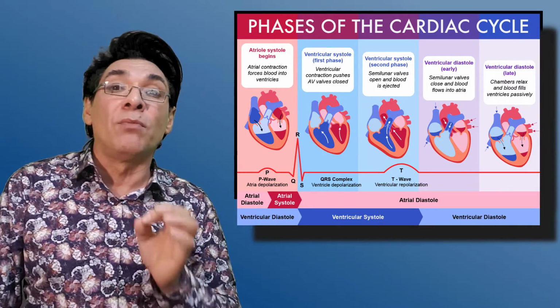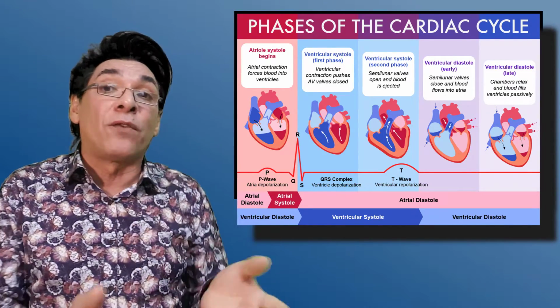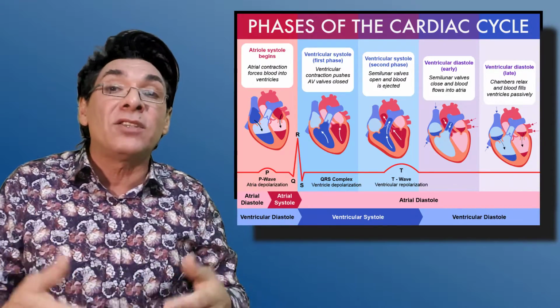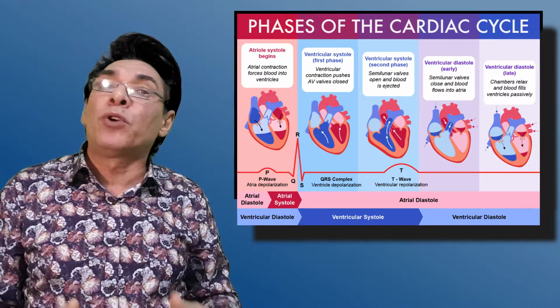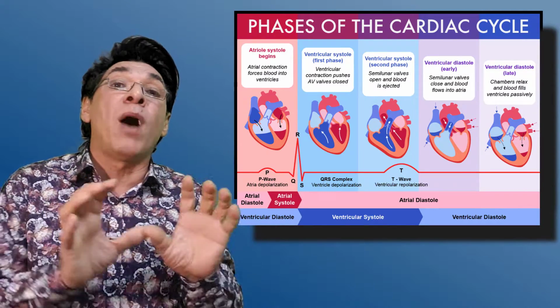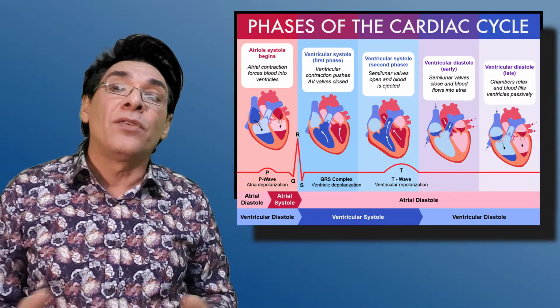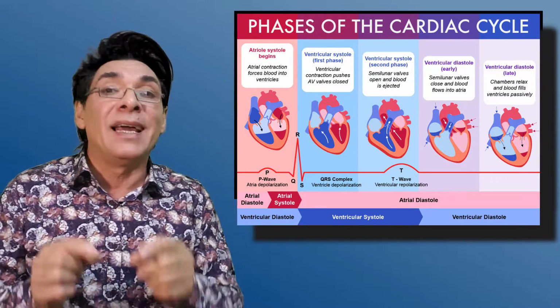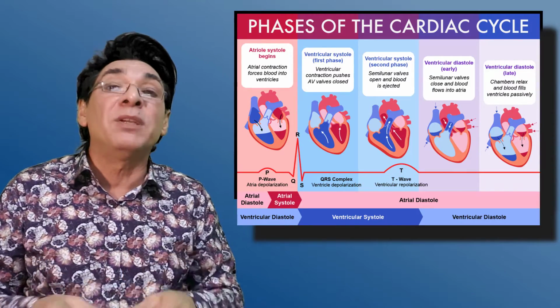As the atrial muscles contract from the superior portion of the atria toward the atrioventricular septum, pressure rises within the atria and blood is pumped into the ventricles through the open atrioventricular, tricuspid and mitral or bicuspid valves.